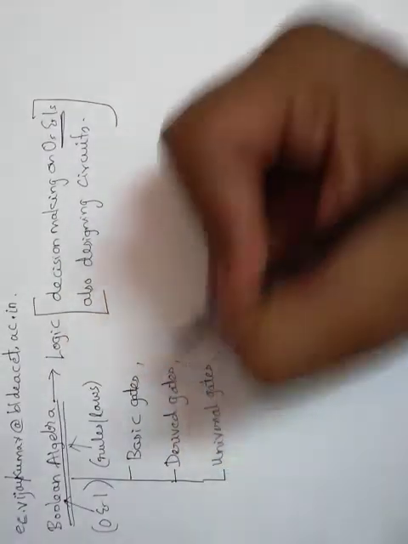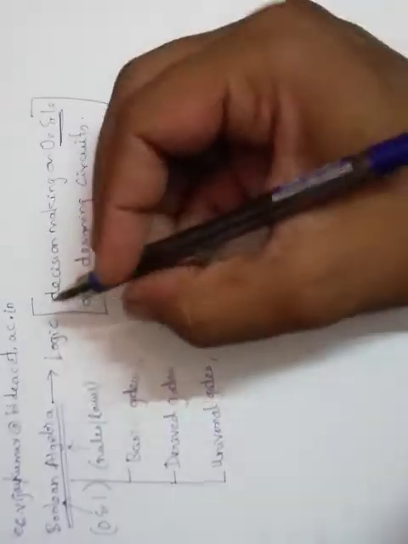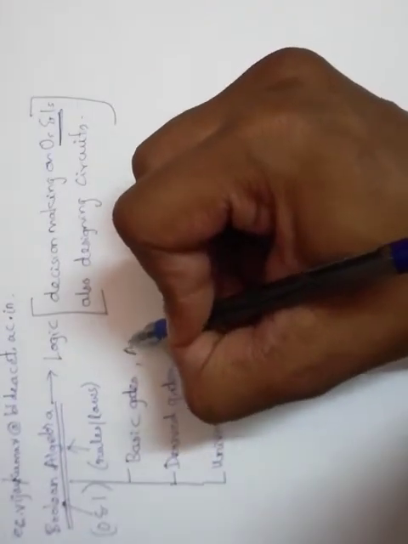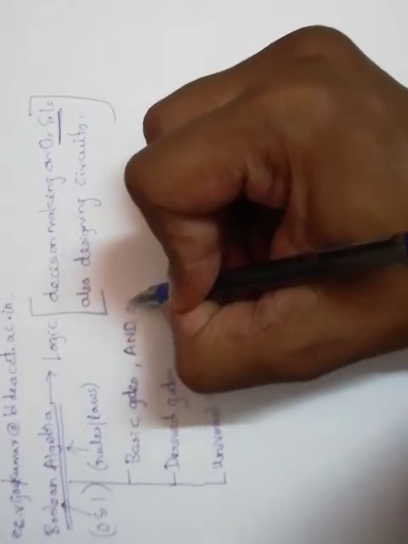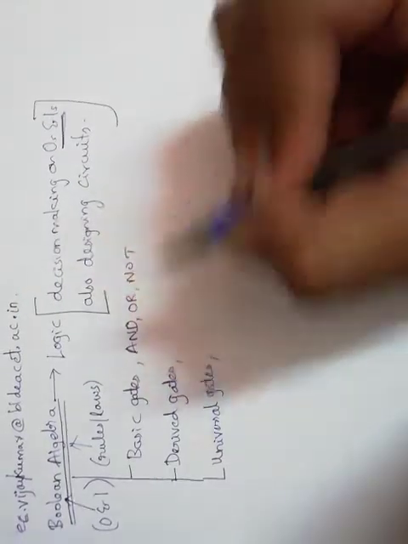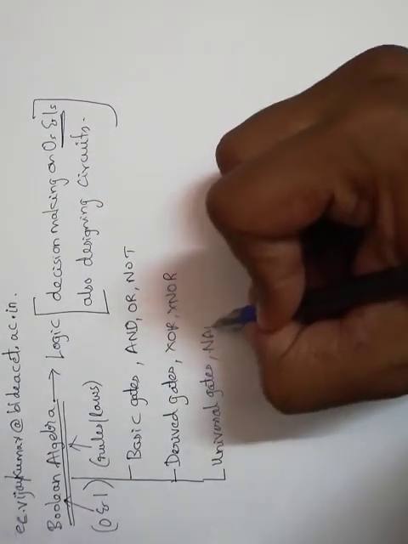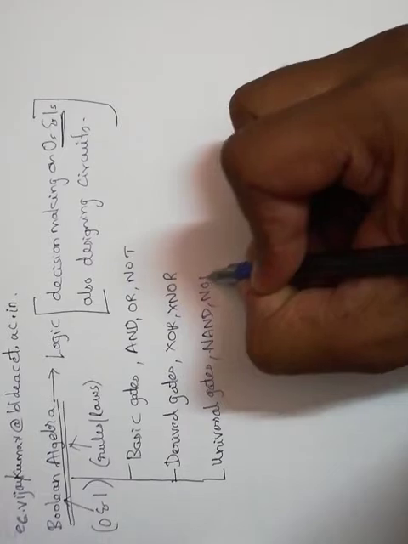We have many gates. Once we see the gates, we'll come back to understanding what gates are. Basic gates are AND, OR, NOT; derived gates are XOR, XNOR; universal gates are NAND, NOR.